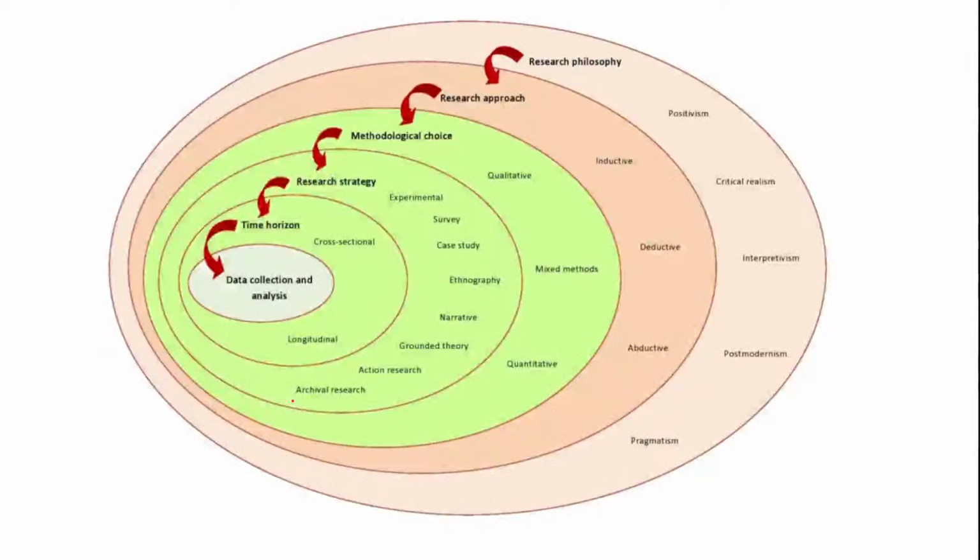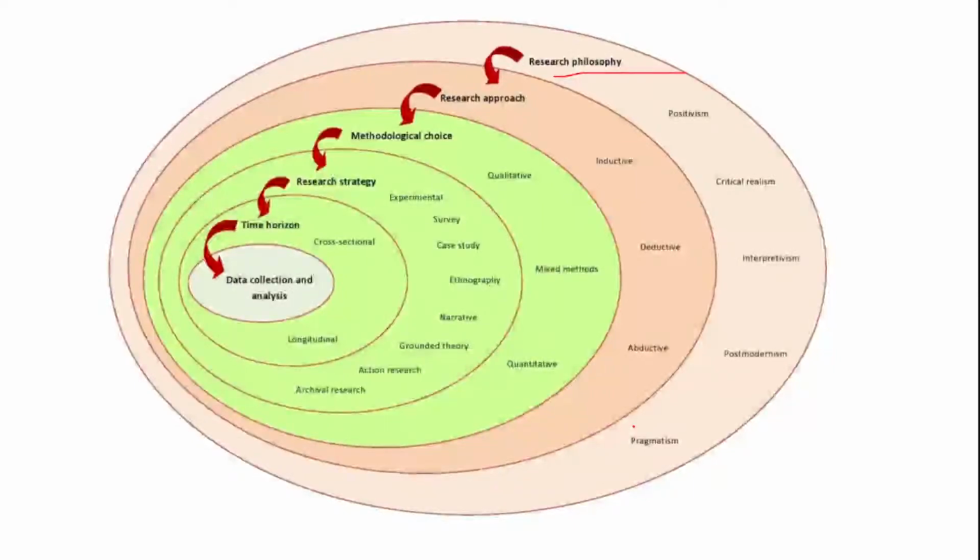You can call it the research onion, or the layers. The layers are research philosophy, research approach, research methodological choices, research strategy, time horizon, and data collection and analysis.